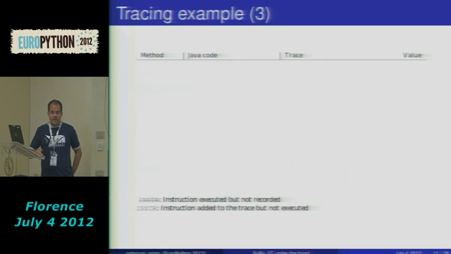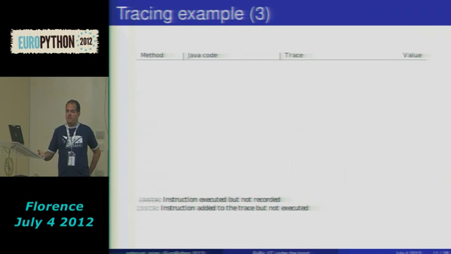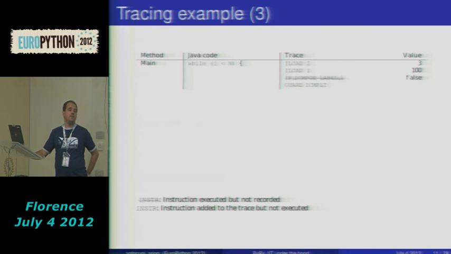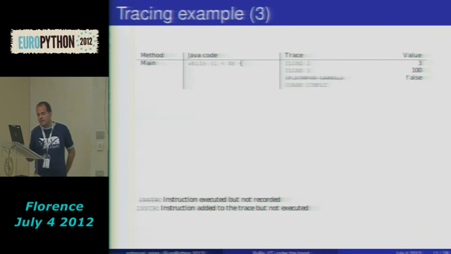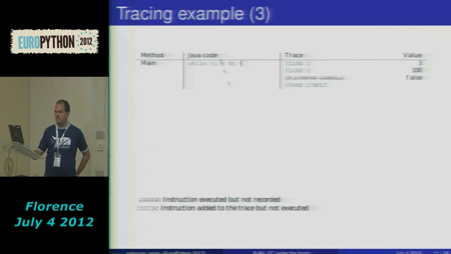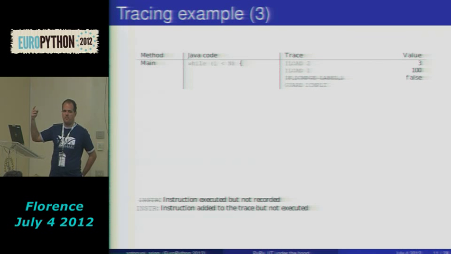So when we actually execute the code in a tracing JIT, what happens? Well, we start in the method main. Okay, we are in the tracing phase, so it means that we already interpreted it for a while, and then we are at the point where we detect that the loop is hot.